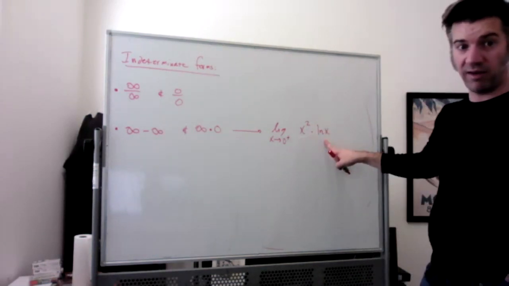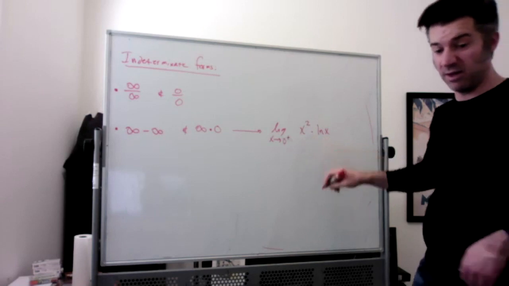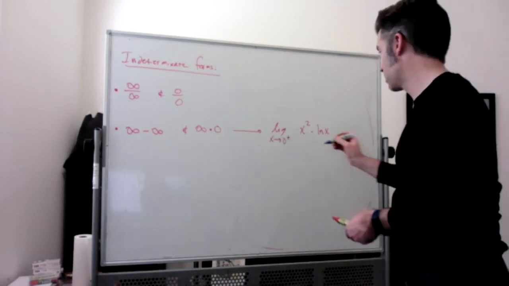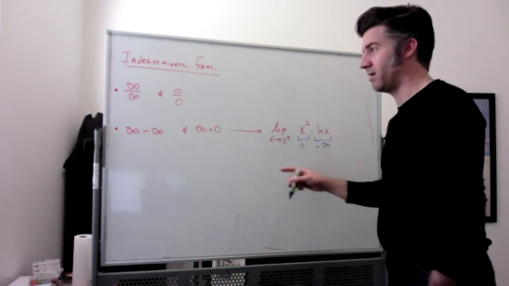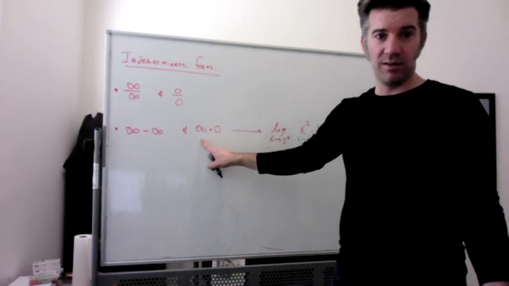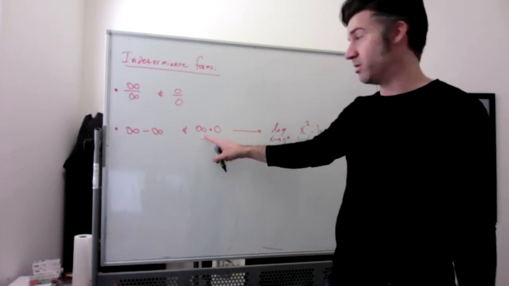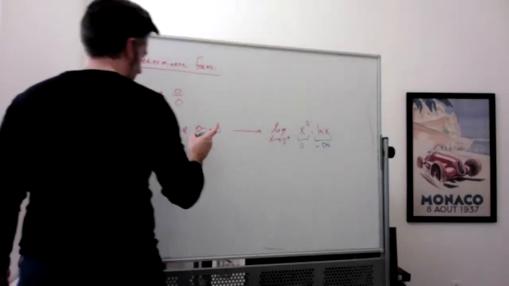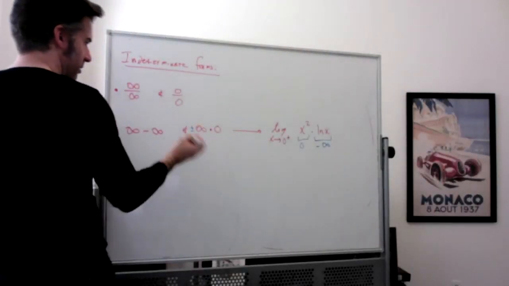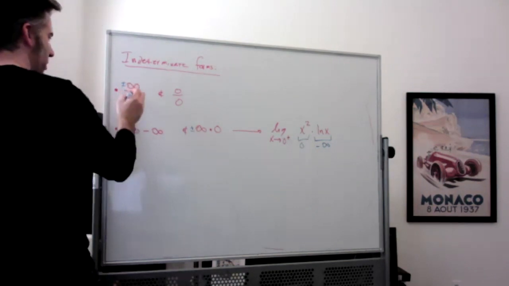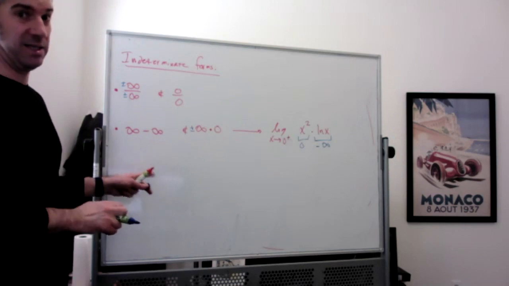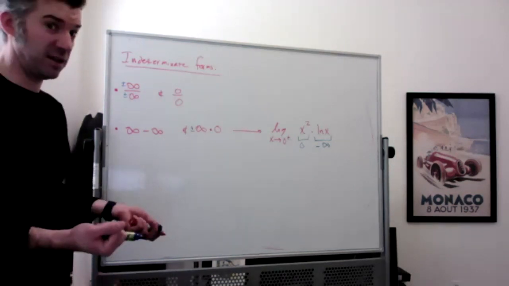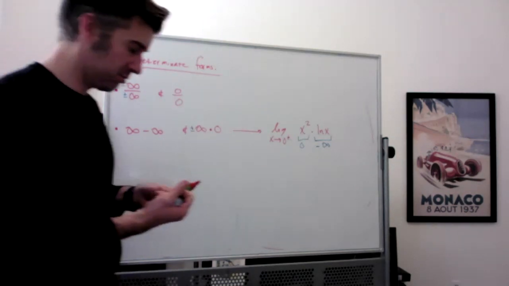And the natural log of x as x goes to 0 goes to negative infinity. And you should be aware that when I say infinity, if the sign doesn't matter, it could be a negative infinity. So infinity times 0 or negative infinity times 0 would also be fine. Here it does matter for the infinity minus infinity case: they should be the same sign. If you have infinity minus negative infinity, that's just infinity plus infinity, which is infinity.